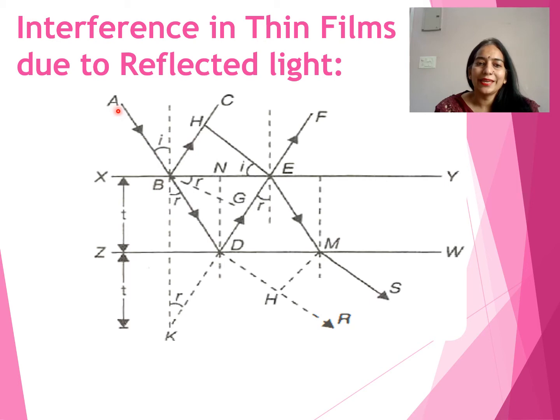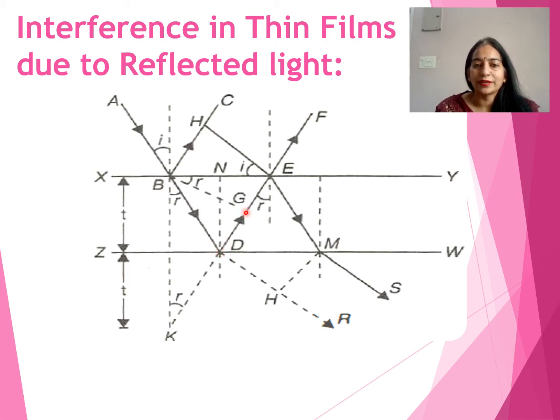Let ray AB be incident on the upper surface of the film at incident angle I. This light is divided into two parts, BC and BD. BC is the reflected light and BD is the refracted light in the medium at refraction angle R. At the lower surface of the film, this light is also divided into two parts.